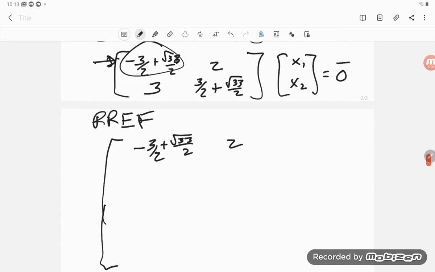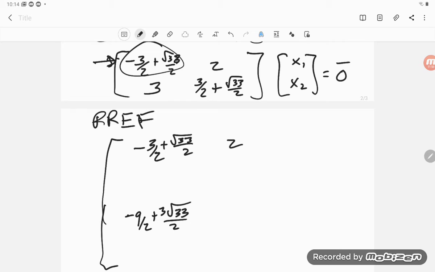So when I take 3 times the top thing, I'll get a negative 9 over 2 plus 3 times square root of 33 over 2. And the negative of the bottom times 3.